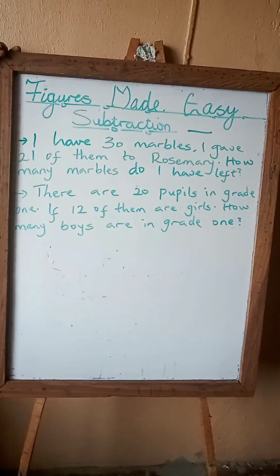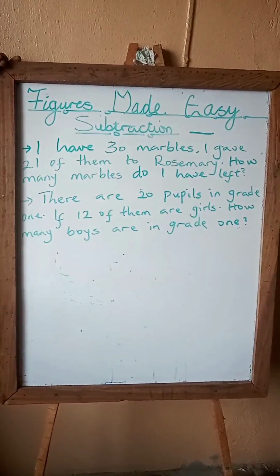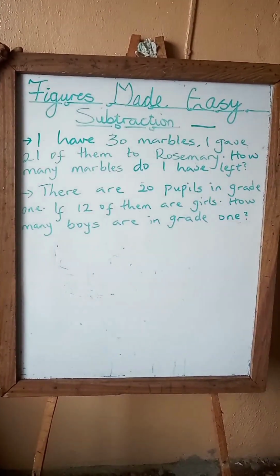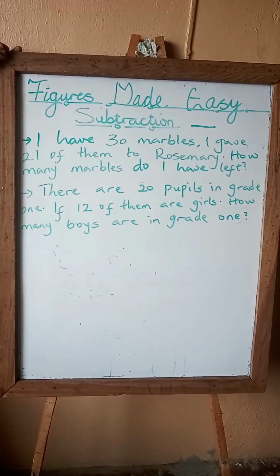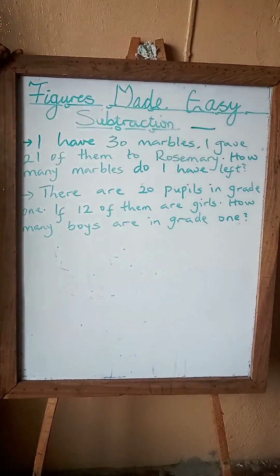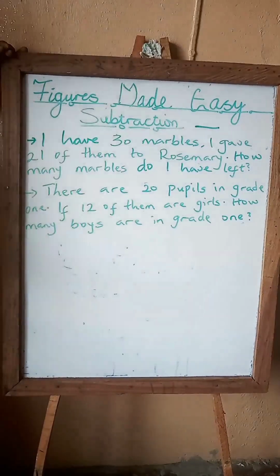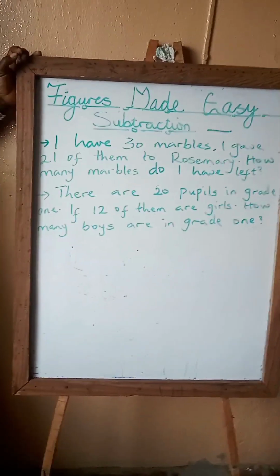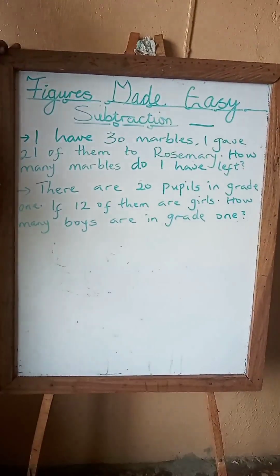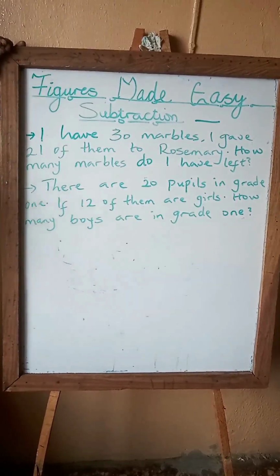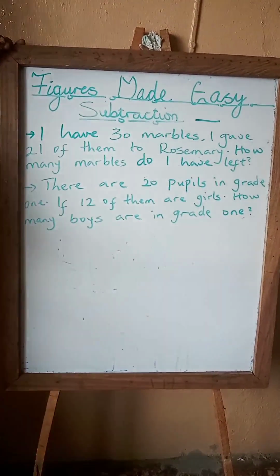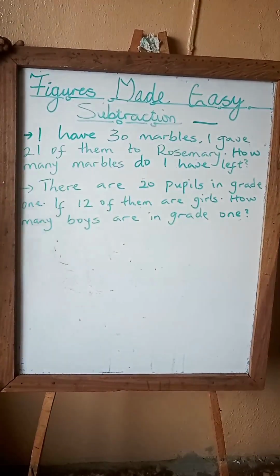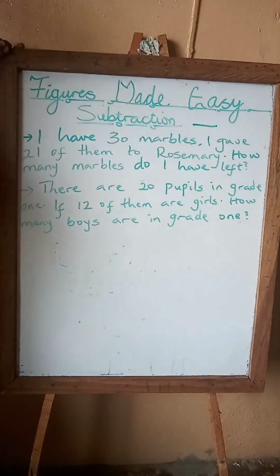Here it says, I gave 21 of my marbles to Rosemary. Meaning that from the 30 pieces of marbles I have, I gave out 21. And from the keywords we learned about subtraction, that simply means what? To take away.